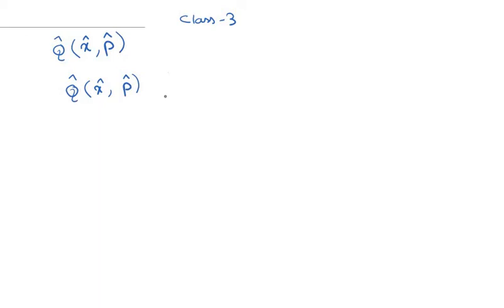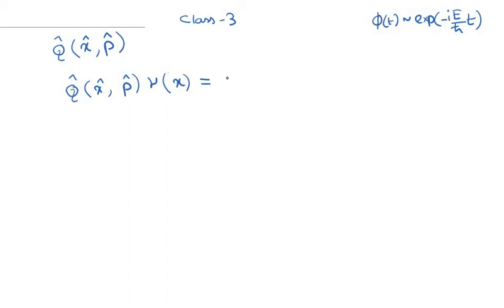We are not putting in that time factor because we already know that it is of the form exponential minus i E by h bar t. So we will not take this factor into account from now on, and we will only deal with the spatial wave function part.